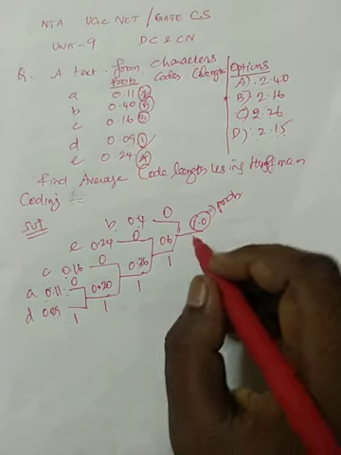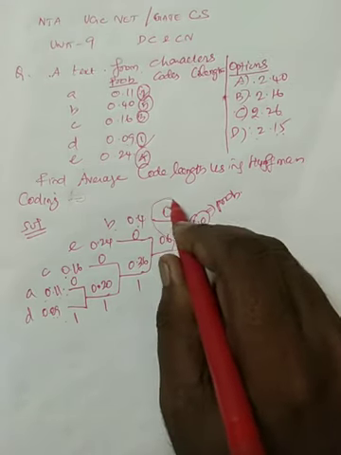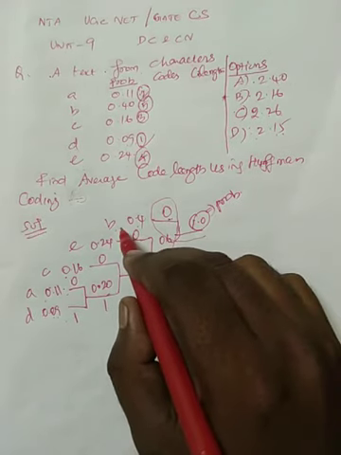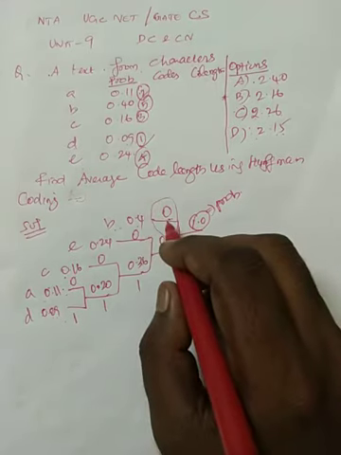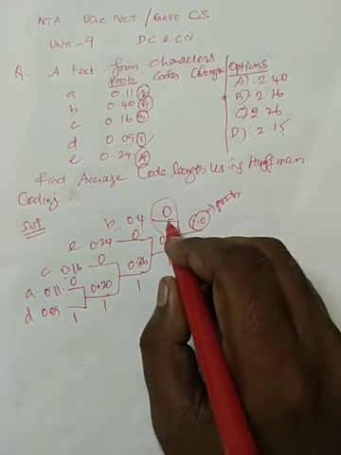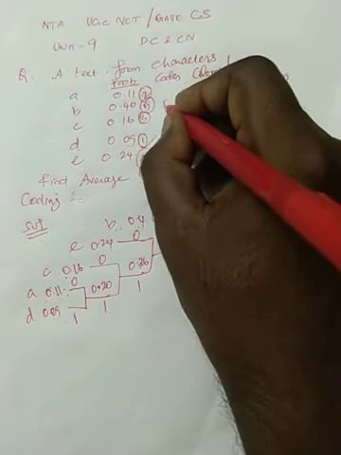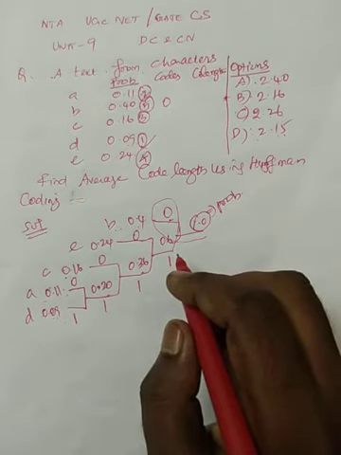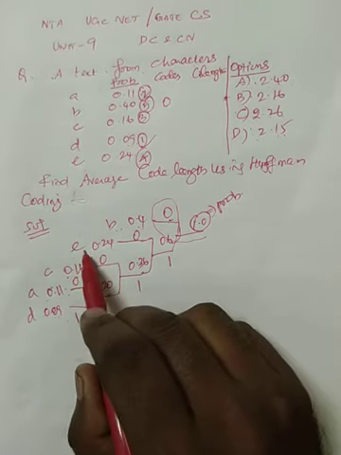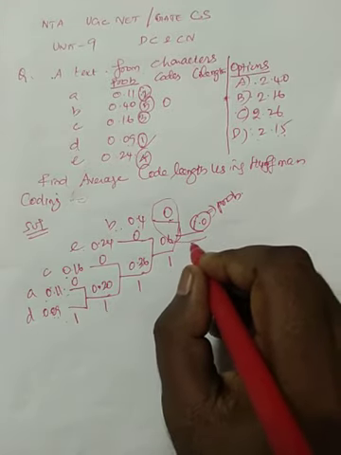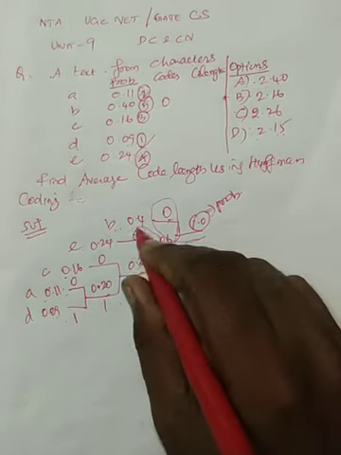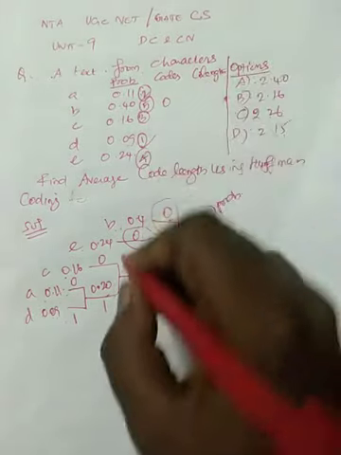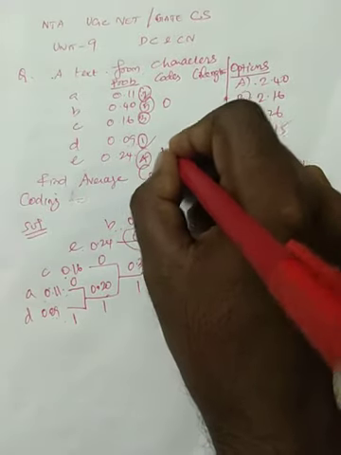Starting from here, it is the 0 alone, that is the code for sending B. So for B the code is 0. Got it? Next, in order to send E, traveling from here, there is a 1 followed by 0. So 1 0 is the code I send for E.